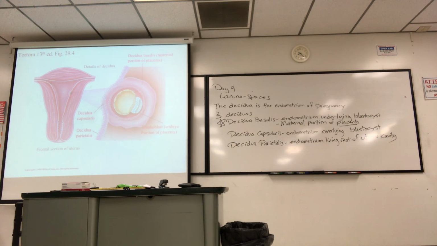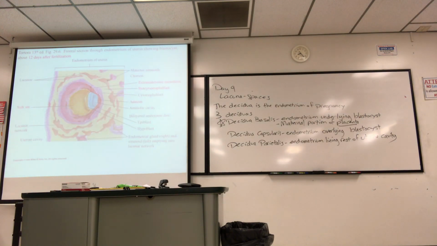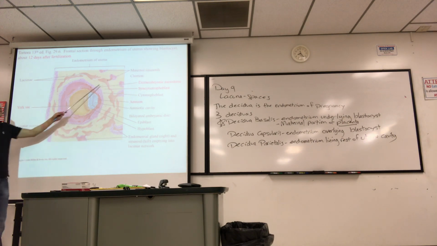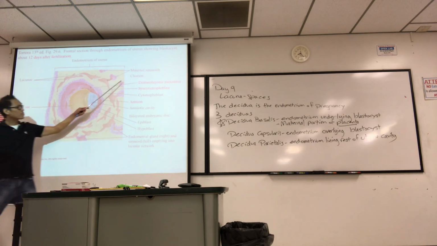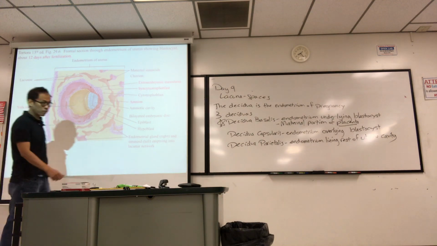Okay, so what we left out was day 9. There's 12 days. And finally, you nick blood vessels. Maternal sinusoids are blood vessels. You first nick veins, then you nick arteries, the spiral arteries. Okay, so this is day 12.